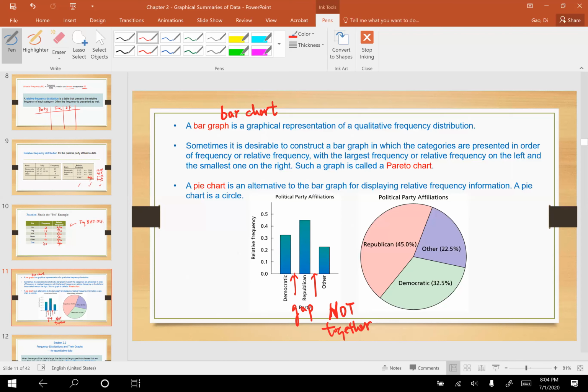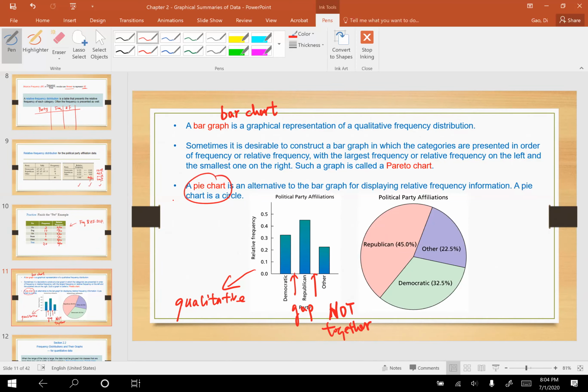The bar chart is for qualitative data. The histogram, introduced later, is for quantitative data. The best way to distinguish them is to look first at the categories: bar charts just have categories, while histograms have numerical values. Another thing is whether there are gaps between the bars. Other than the bar chart, we also have the pie chart.